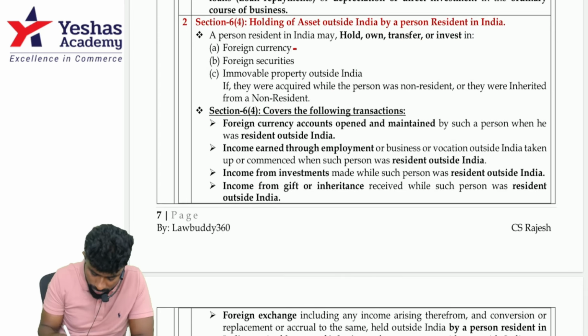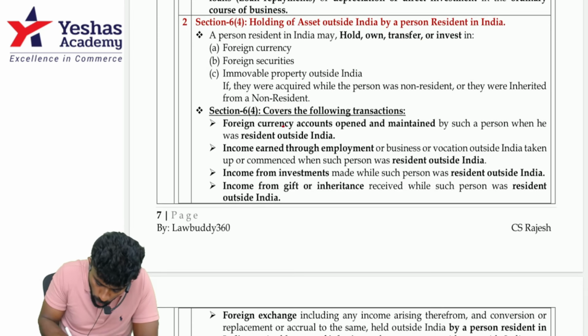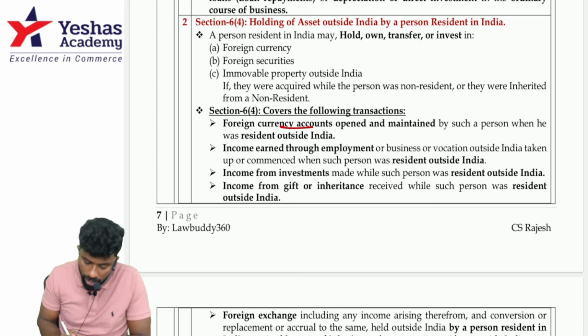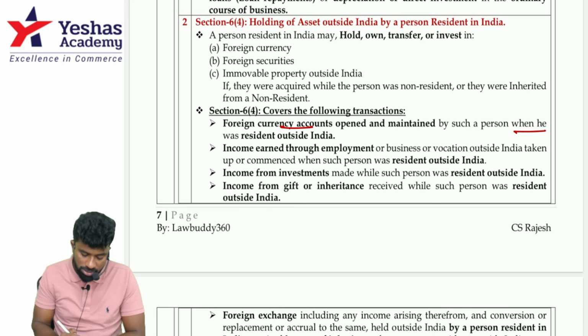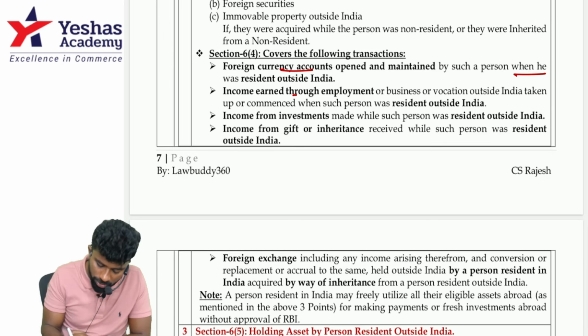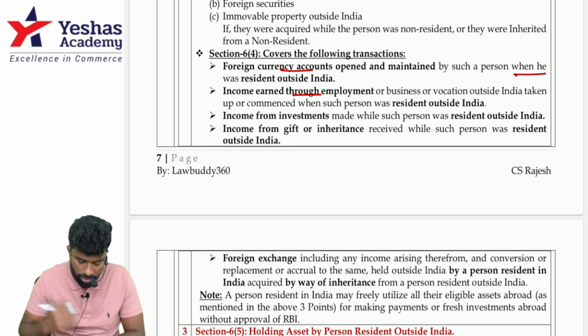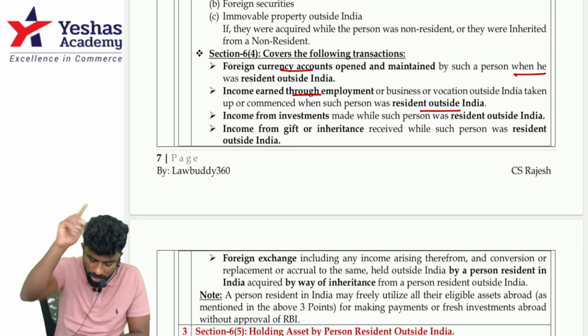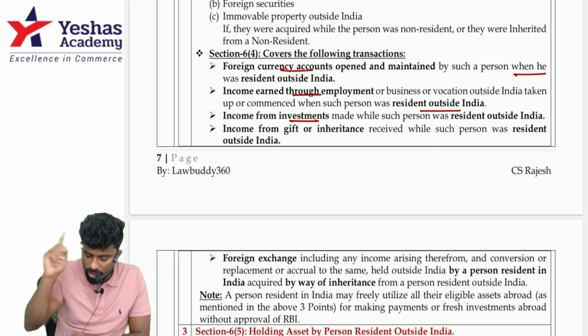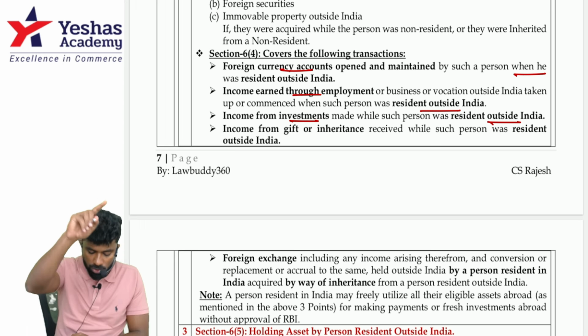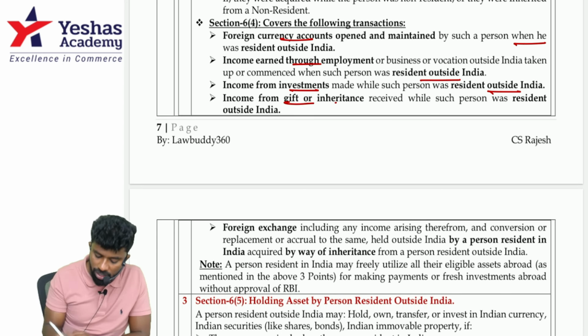Next one, it covers the following transactions. What is the first one? He can open the foreign currency accounts and maintain them, held by such person when he was resident outside India. Second one, income from the employment, or business or vocations outside India when he was resident outside. Income from what? Investment when he was resident outside India. Income from gift or inheritance when he was resident.